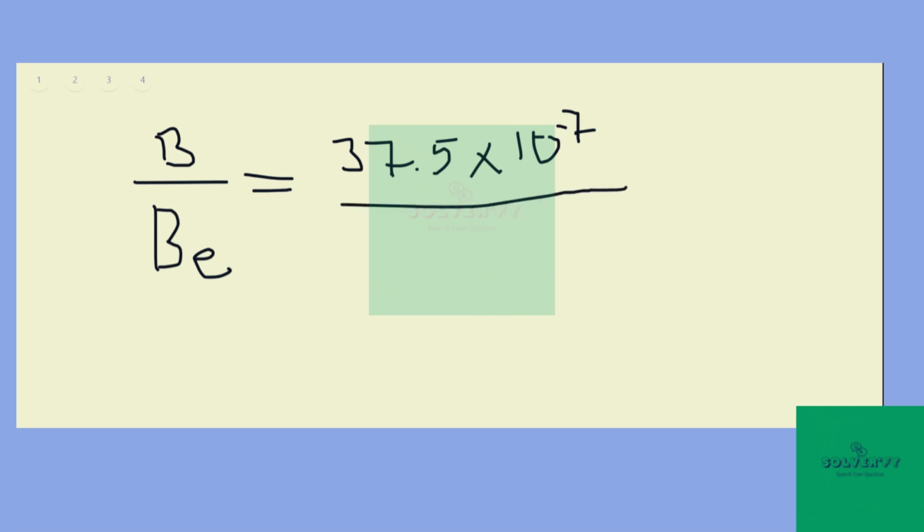Make sure that when you are dividing these two quantities, the units should be same. So the B should be in Tesla, and B_E, which is the magnetic field of the Earth, should also be in Tesla. That is the reason we converted the Earth's magnetic field into the units of Tesla, which was 0.5 times 10 to the power of negative 4.